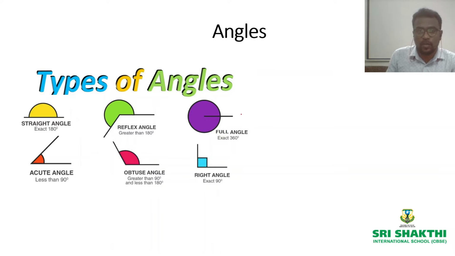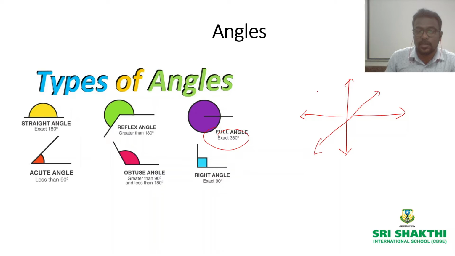You people are well aware of, by seeing this picture you can have an idea the full angle is nothing but 360-degree, and we all are aware of we usually have 8 directions in total for our direction based questions.